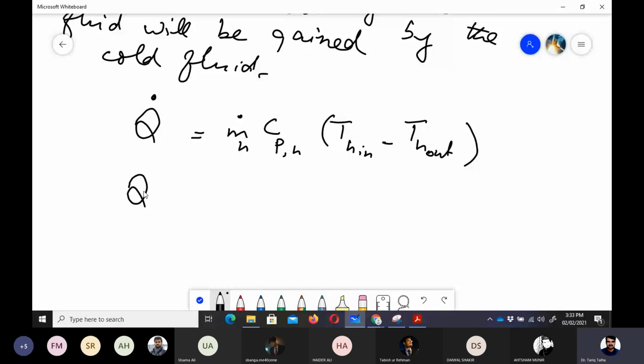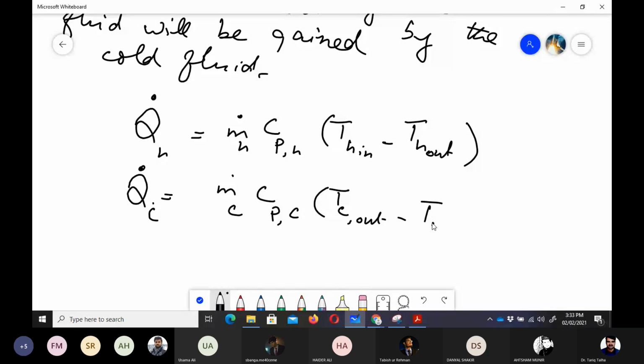and the heat which is gained by the cold fluid would be m dot c into Cp c into Tc out minus Tc in.